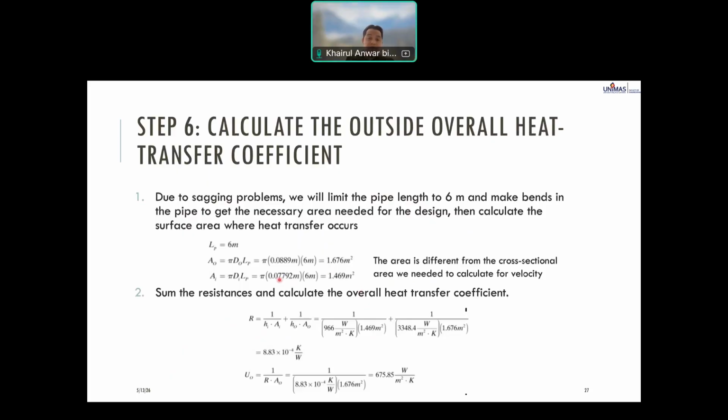This is for the inside diameter, this is for the outside diameter. So this is for the tube. So the area is 1.676, this is for the inside diameter area. Sum the resistance and calculate the overall heat transfer. Using R for the resistance, using this value, we get this value for R. Then using the value of R, we calculate the overall heat transfer coefficient, the outside heat transfer coefficient.